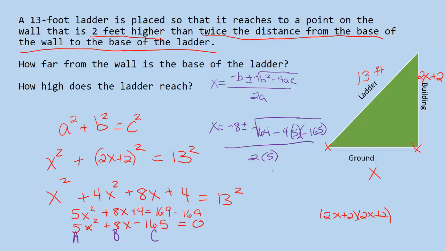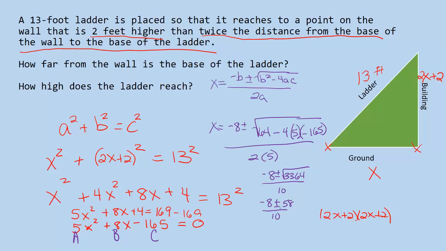So if we continue through, we're going to end up with negative 8 plus or minus the square root of 3364 after we do all the arithmetic, over 10. So that becomes negative 8 plus or minus 58 over 10.